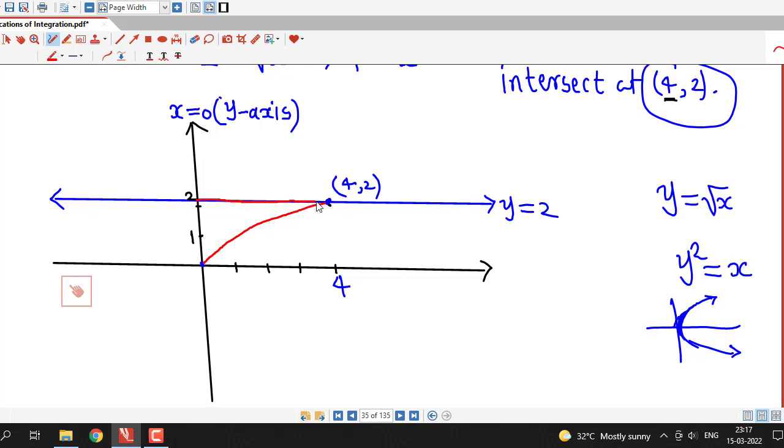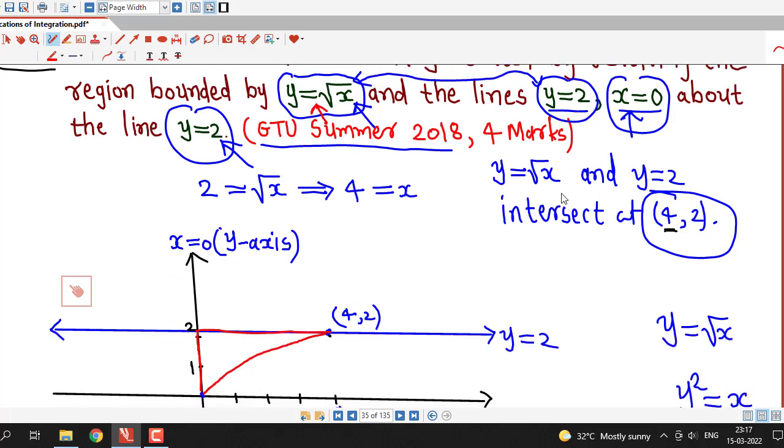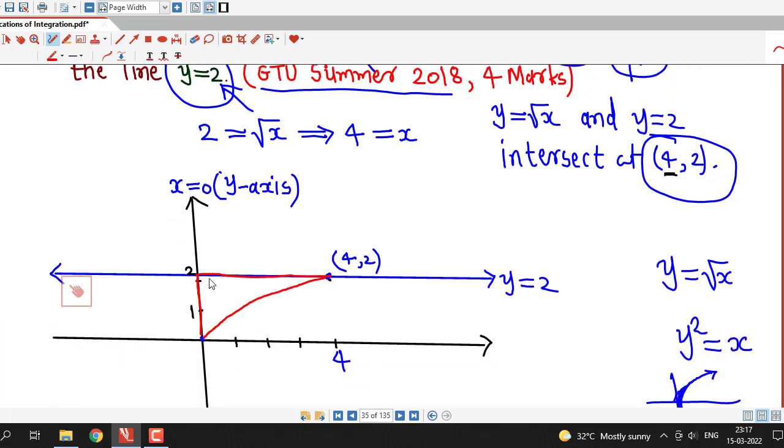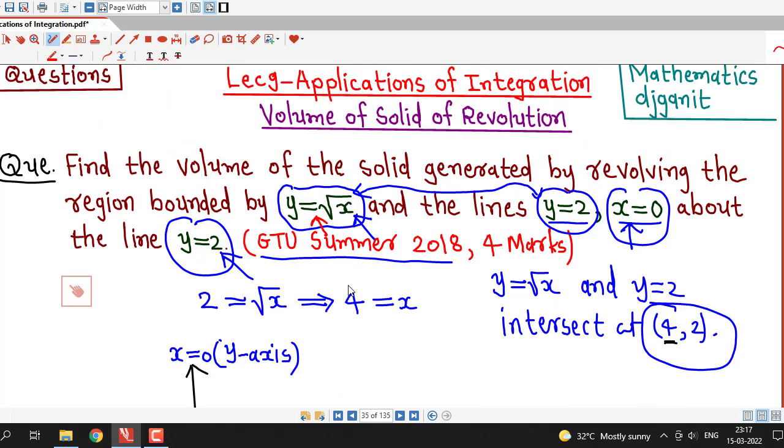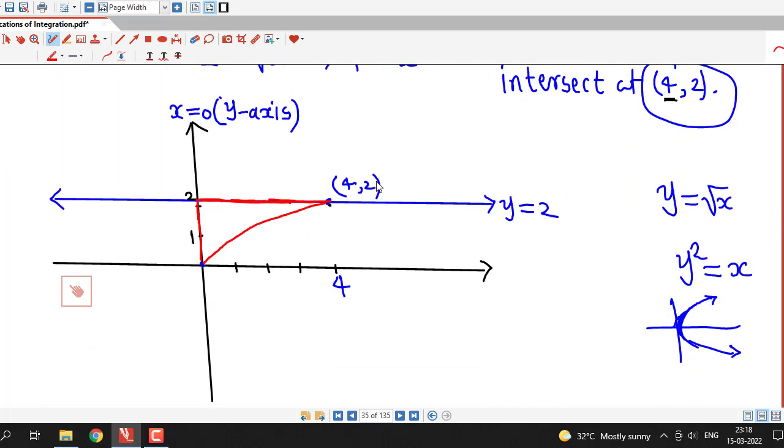This is the line y equal to 2, and here we have y axis, that is x equal to 0, and we have to consider the region bounded by the parabola, the lines y equal to 2 and x equal to 0. So this is the region which we have to rotate about the line y equal to 2, and we have to obtain the volume of the solid, which is obtained by generating this plane region about this line y equal to 2.